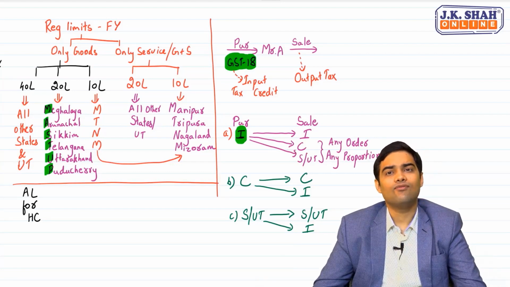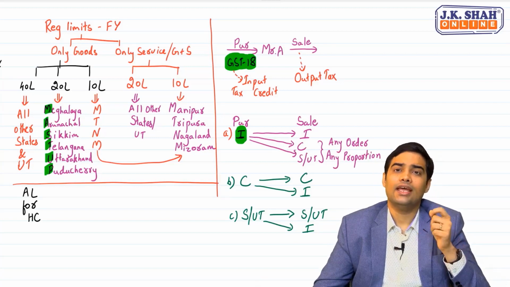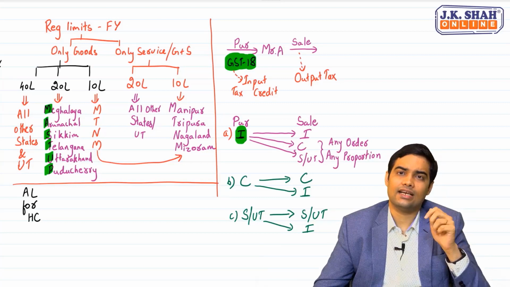If perfume contains alcohol, GST is applicable. If sanitizers contain alcohol, GST is applicable. If medicines contain alcohol, GST is applicable. Be very careful on this. Only alcoholic liquor for human consumption in that form is outside GST.